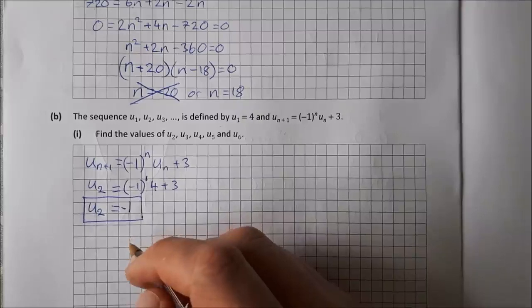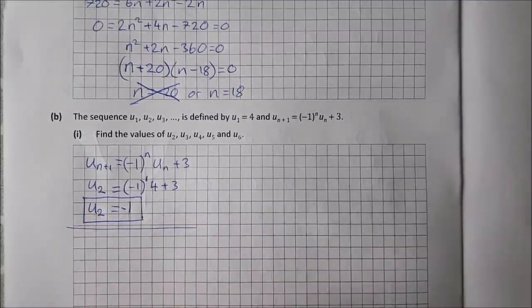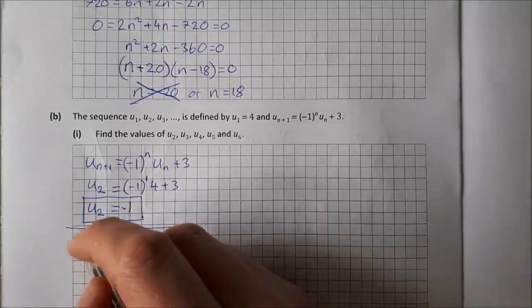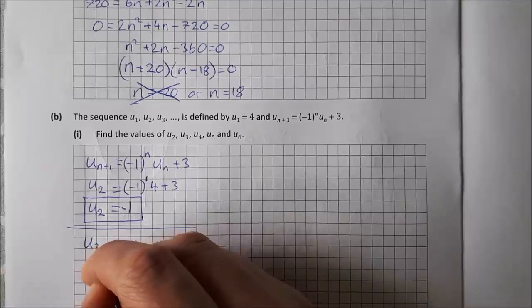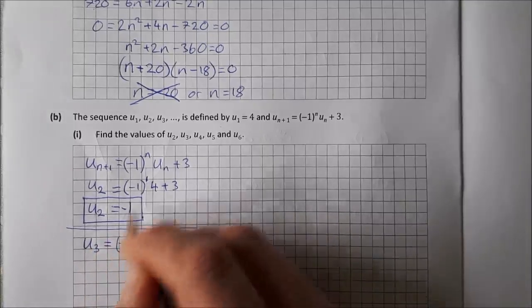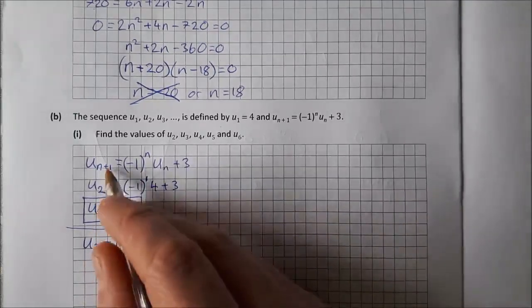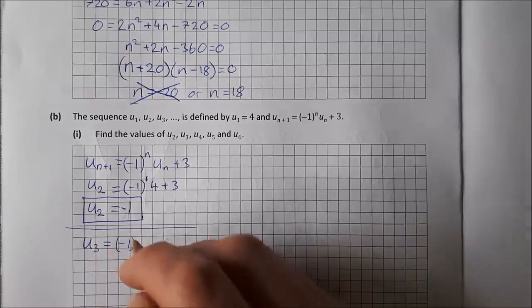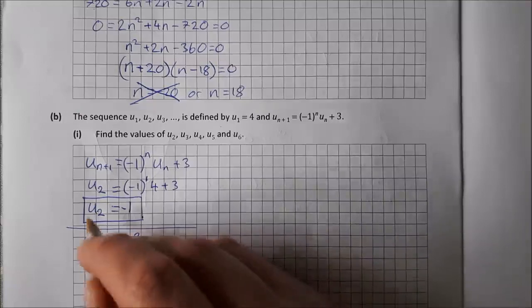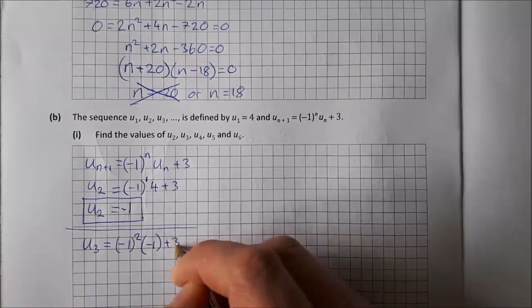So we're just going to have to do that for each of them, for u3, u4, u5 and u6. So let's do u of 3. That'll be minus 1 to the power of n. Remember, n plus 1 is 3, so n is 2, times u of n, so times u of 2, which is minus 1, and plus 3.